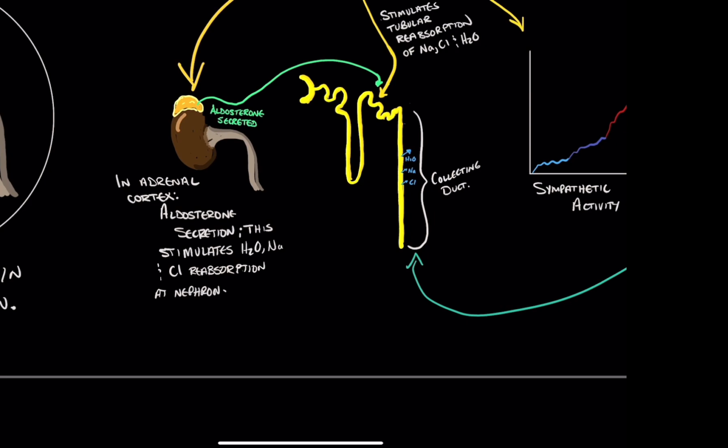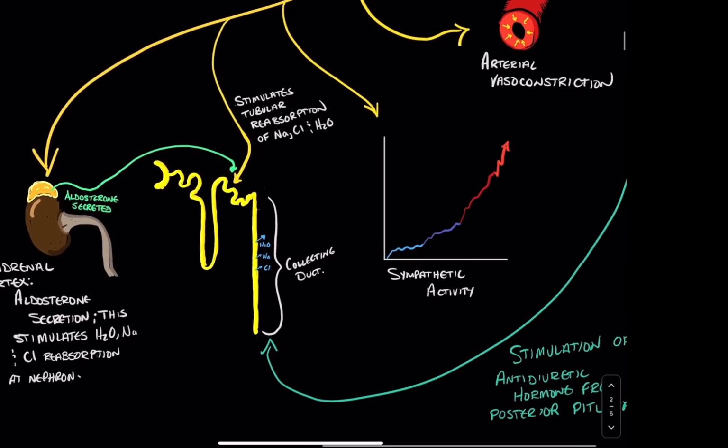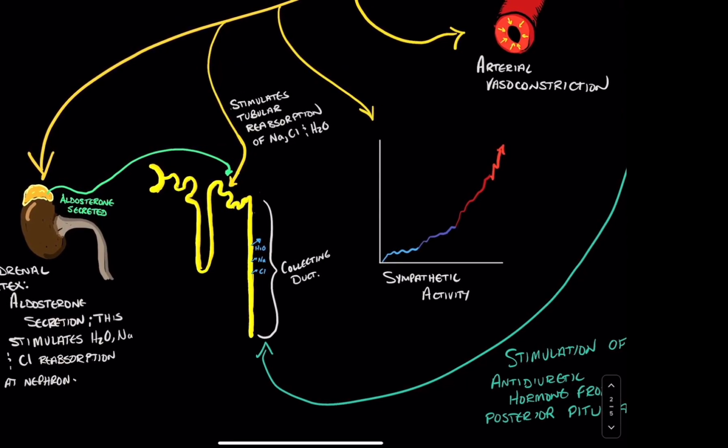So it's going to basically prevent you from urinating more of that fluid out. It's going to say, we have low blood pressure, or there's something going on with their fluid volume, so we need to keep this water in our system, so stop peeing it out. Angiotensin 2 will also directly work on the distal portion of the nephron to encourage the reabsorption of sodium, chlorine, and water as well.